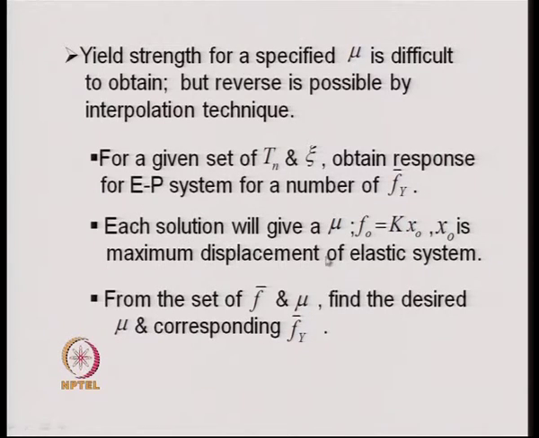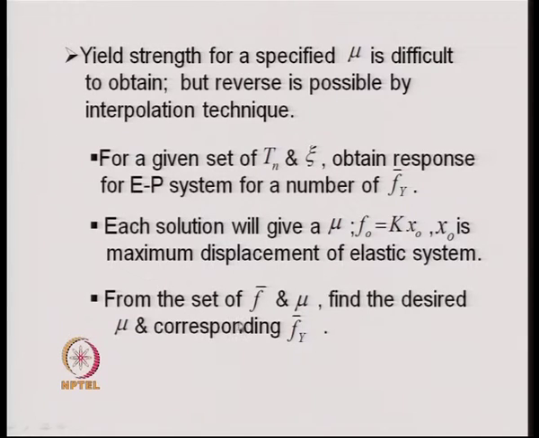Each solution gives a value of mu, and f0 is given as k into x0, where x0 is the maximum displacement of the elastic system. That means the same equation can also be solved considering it to be an absolutely elastic system. So, for the same earthquake one can solve the single degree of freedom system as if it is an elastic system. That will give us the value of x0 and correspondingly f0.